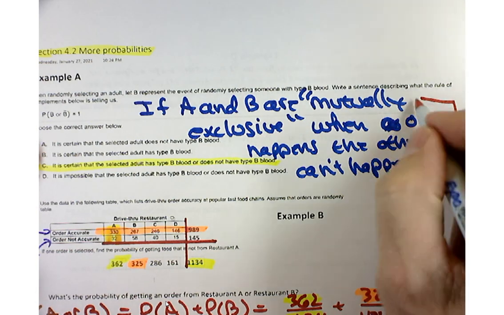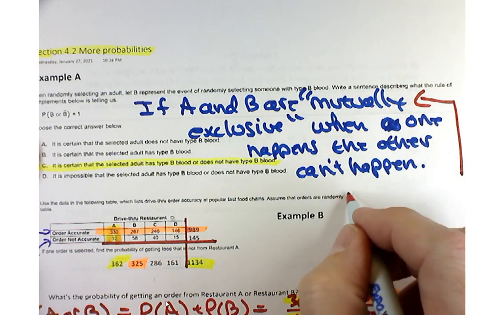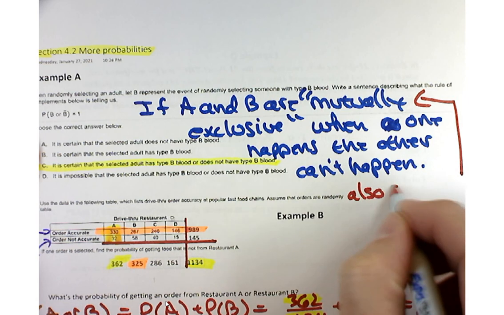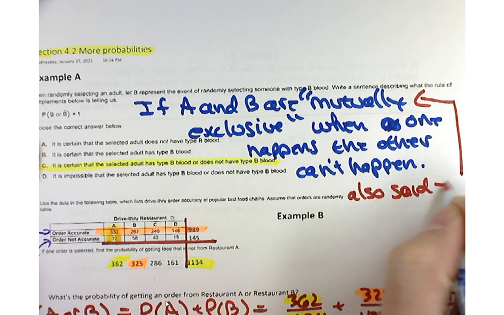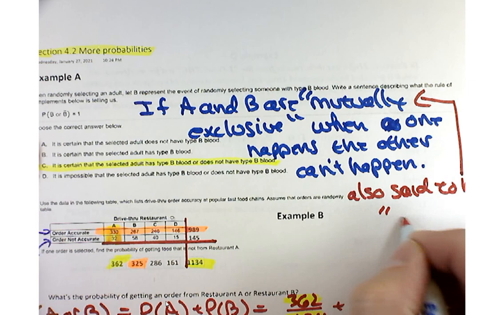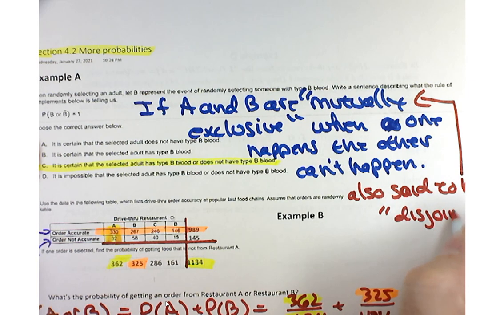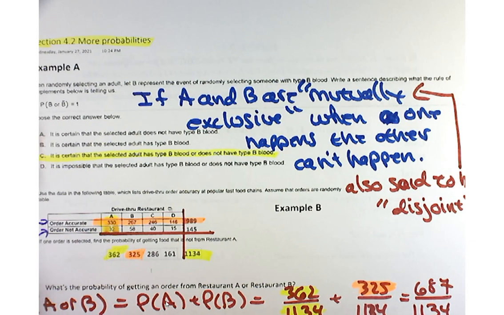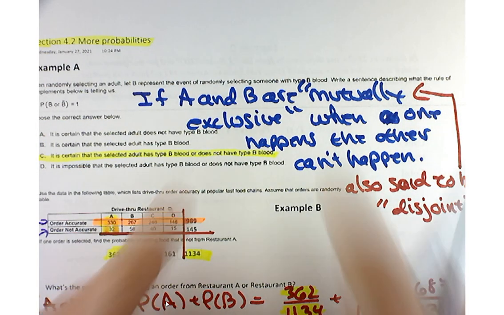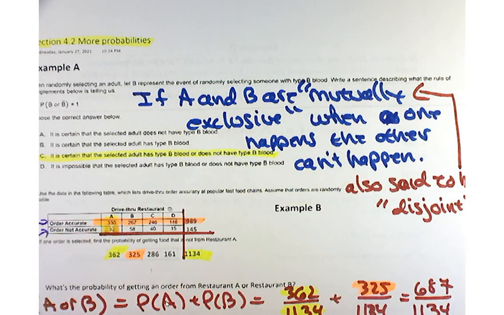I like mutually exclusive, but you can also use disjoint. Also said to be disjoint. And I'll probably use both of these, but like I said, I like mutually exclusive because if you think carefully about what this is saying, then it's telling you that one excludes the other, that they can't both happen.